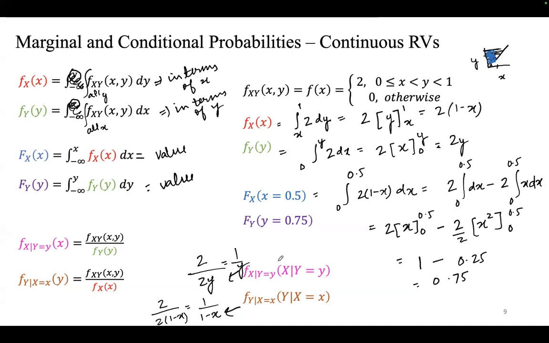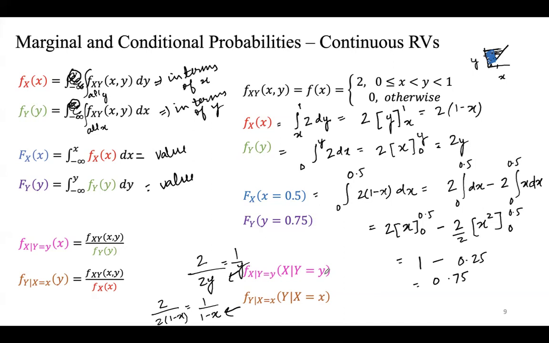So again, what we talked about for discrete ones, numerator is going to be the joint probability and denominator is going to be the marginal probability. So joint probability here was 2. You just need to write that expression again and divide it by this thing, the cumulative probability of Y. That's going to be 2Y. And whatever value of Y you fix. So here in the question, it's not given, but maybe it could have been given that it's going to be 0.75.